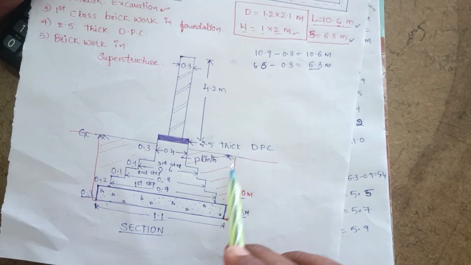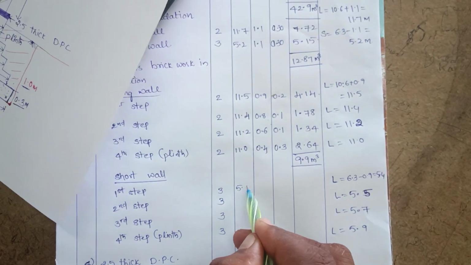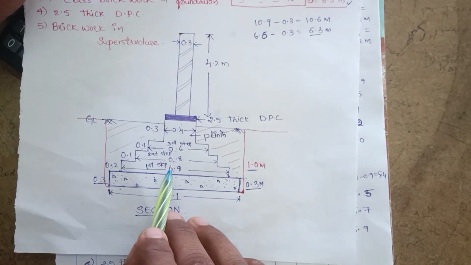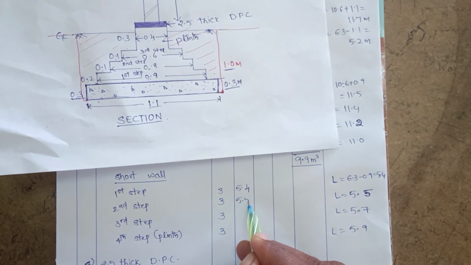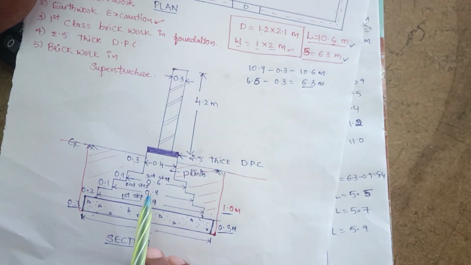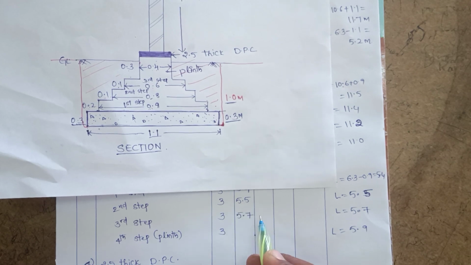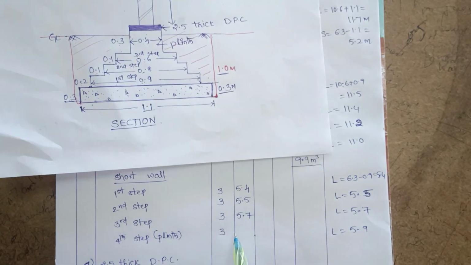Reducing the 0.9 from the 6.3, we get 5.4. Similarly, 6.3 minus 0.8 comes out to be 5.5. For the third step, 6.3 minus 0.6 comes out to be 5.7 meters. And for the plinth, 6.3 minus 0.4, 5.9.